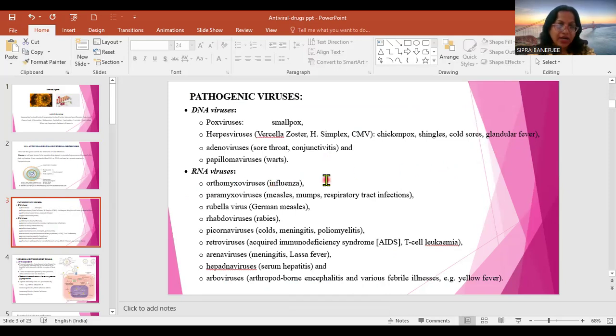And there are some RNA viruses like orthomyxoviruses, which cause influenza, then paramyxoviruses, rubella virus, rhabdoviruses, picornaviruses, retroviruses. Okay. Next, there are adenoviruses, hepadnaviruses, arboviruses, like this.